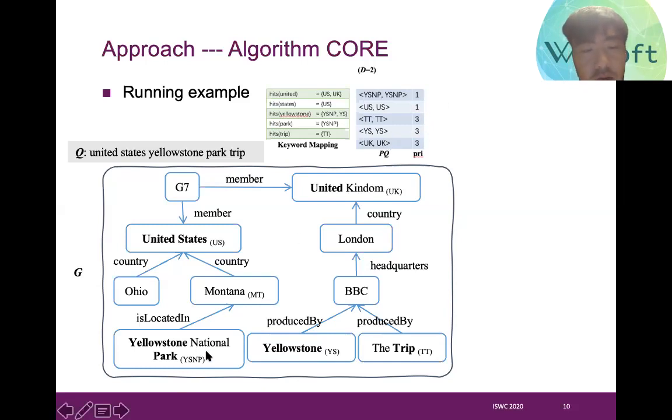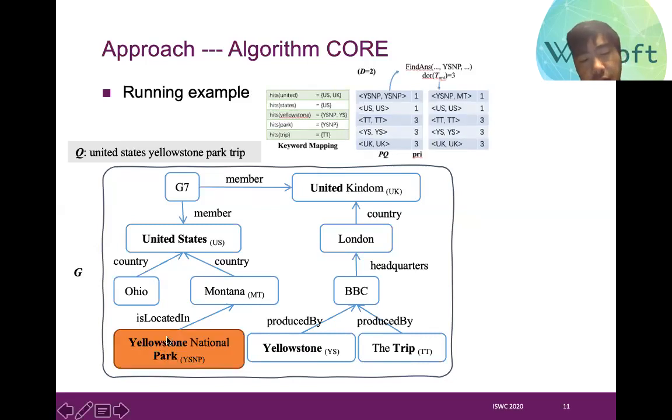So YSMP is the top ranked one, and it is popped out of the priority queue, and it is checked. And we find an answer which is not good, which only contains this single node itself. So it misses 3 keywords in the query.